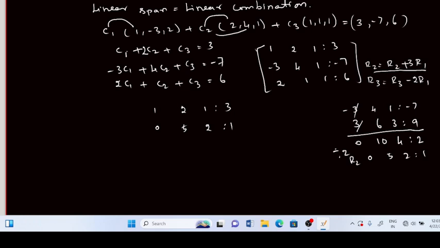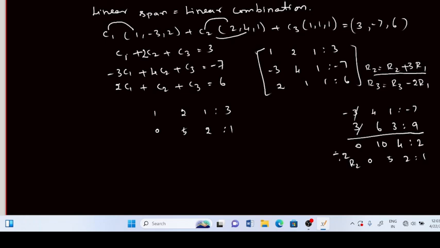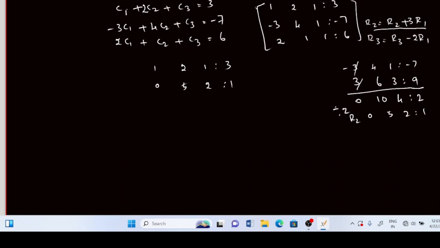Similarly we consider the third row. R3 is 2, 1, 1, 6. 2 times R1 means the first row multiplied by 2: 2, 4, 2, 6.